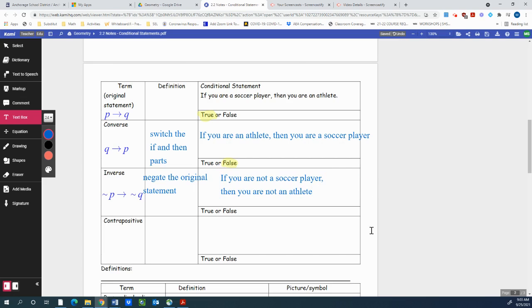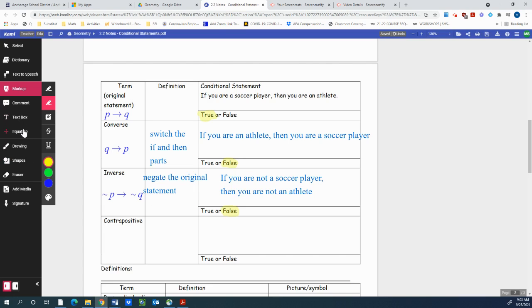Is that true or false? A lot of people would view this as false. If you are not a soccer player, you might be some other player, in which case you could still be an athlete.